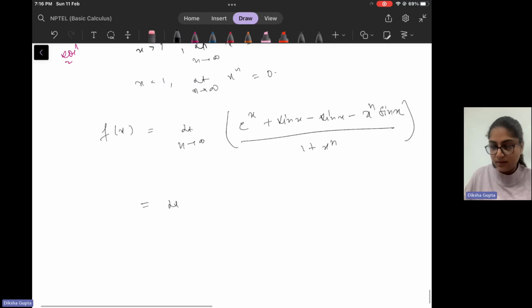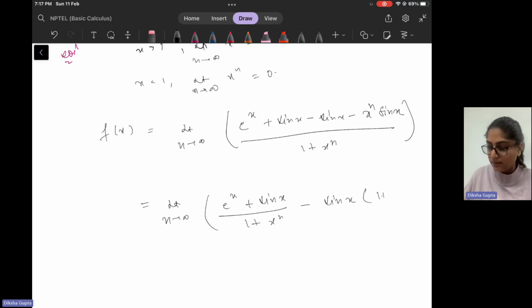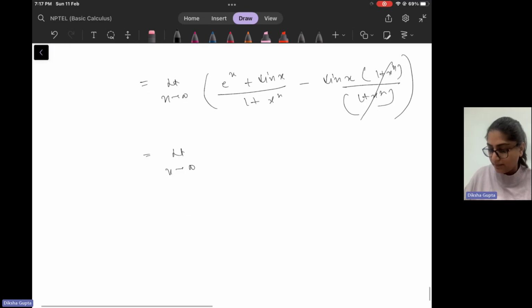So this is limit n tending to infinity of (e raised to power x plus sin x times (1 plus x^n) minus sin x times (1 plus x^n)) upon (1 plus x^n). So this gets cancelled, and this is limit n tending to infinity of (e raised to power x plus sin x) upon (1 plus x^n) minus sin x.